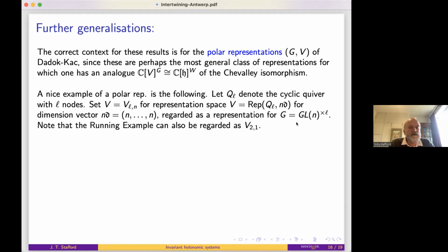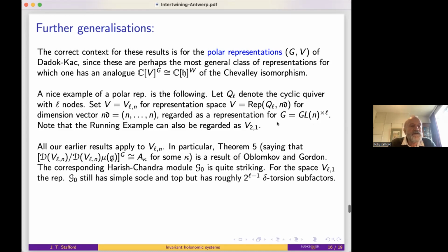So I might remark that if I go back to my running example, that could be regarded as V_{2,1}, the quiver of two nodes and dimension vector 1, 1. So in that situation, you'd argue, well, I should be having GL_2, and actually I had an SL_2, but the extra central element of G acts trivially, so there's no real difference.